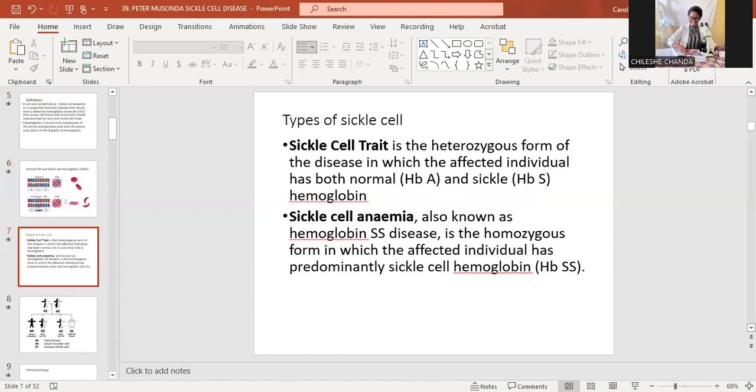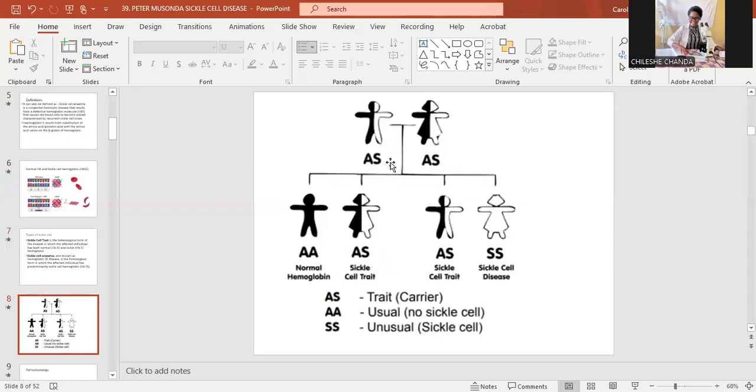Then there is sickle cell disease itself, also known as sickle cell anemia, and this one has a homozygous inheritance of the sickle cell trait. So they have an inheritance from the father and an inheritance from the mother, and this results in the patient having sickle cell disease. This is a diagram showing us a pictorial representation of the sickle cell trait and disease, how somebody will end up having a disease.